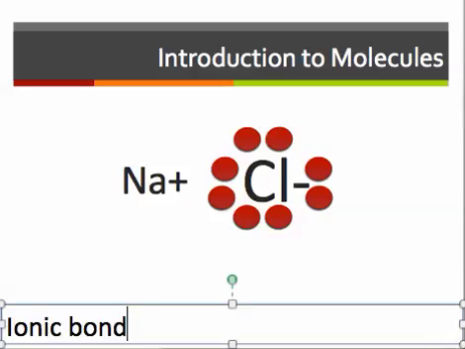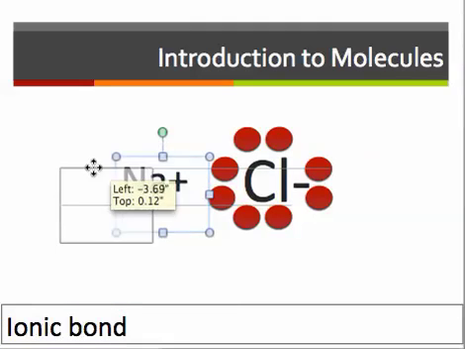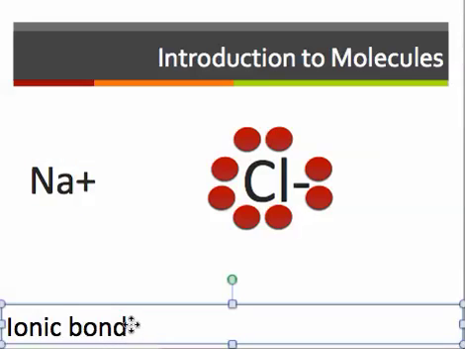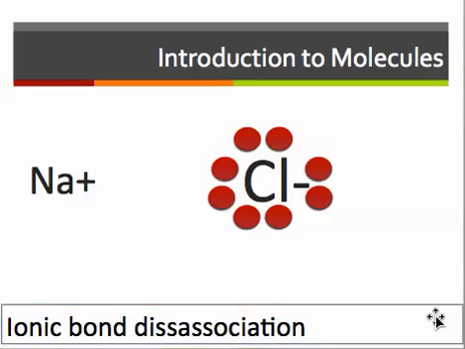So if you take table salt and drop some into water, the sodium is going to very quickly separate from the chlorine, and we actually call that dissociation. I might have spelled it right, it looks like. So that's known as dissociation, and that happens really easily when sodium chloride is dropped into water.